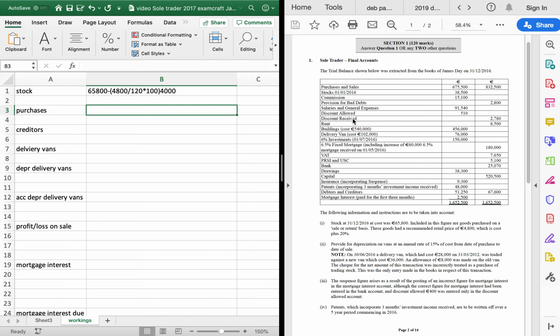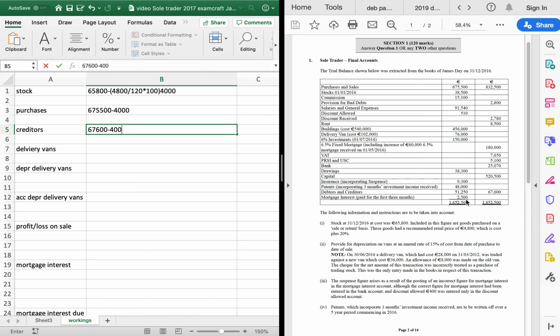We haven't bought the goods, so we take it down by 4,000, and creditors also goes down by 4,000 euros. So we bought the goods for 4,000 euros. Doesn't matter what we're selling them for. The creditors need to go down by that 4,000 euros. So creditors starts off as 67,600, and we're going to take 4,000 euros away from them, and that's that done.